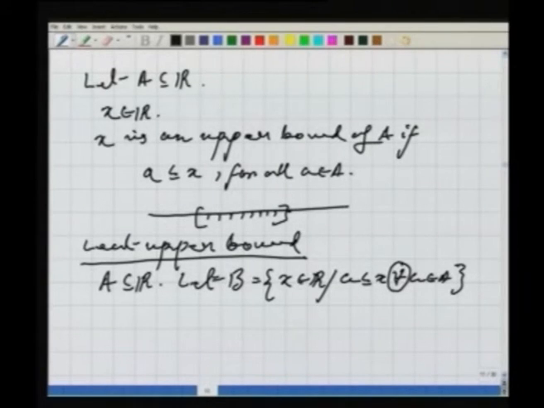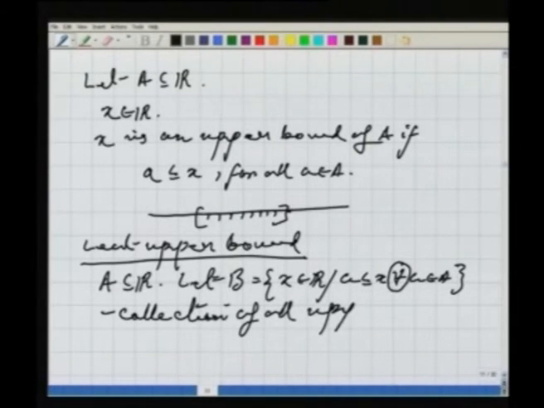Then what is B? This B is just the collection of all upper bounds. And then what is the least upper bound? The least upper bound is the least member in the set B.